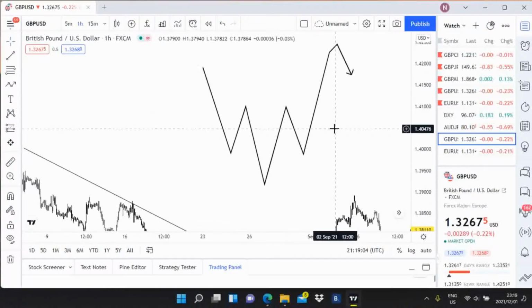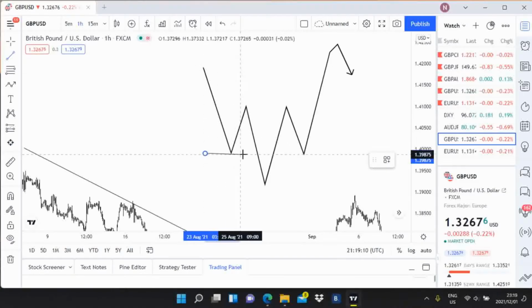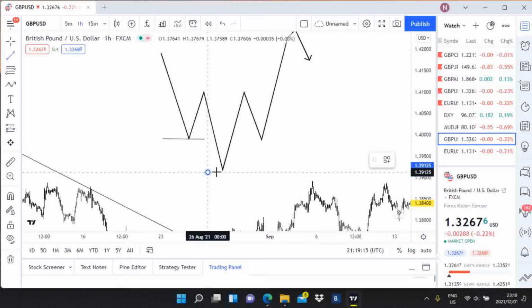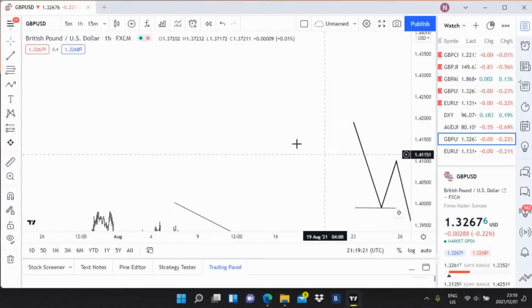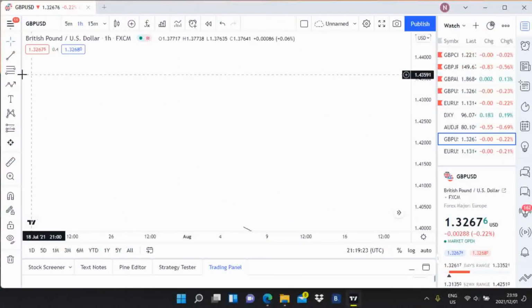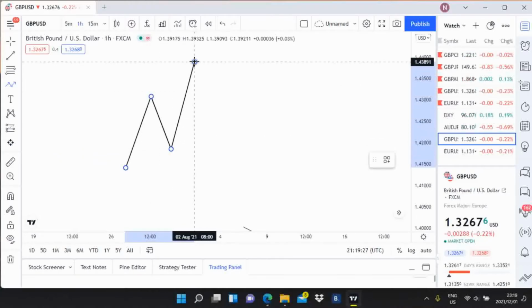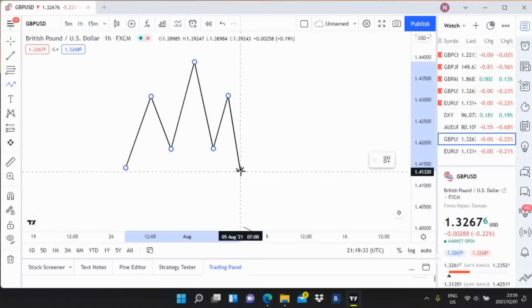And this is an inverse head and shoulder. We have your shoulder here, your head, and your other shoulder here. And the other one is this one: your shoulder, your head, your shoulder, and boom.